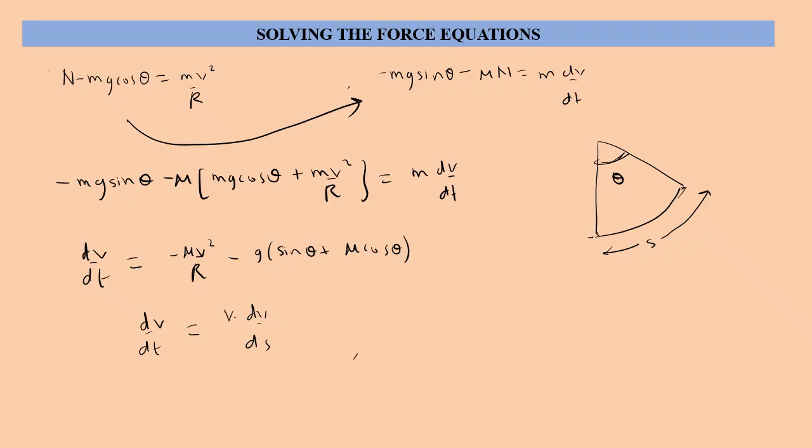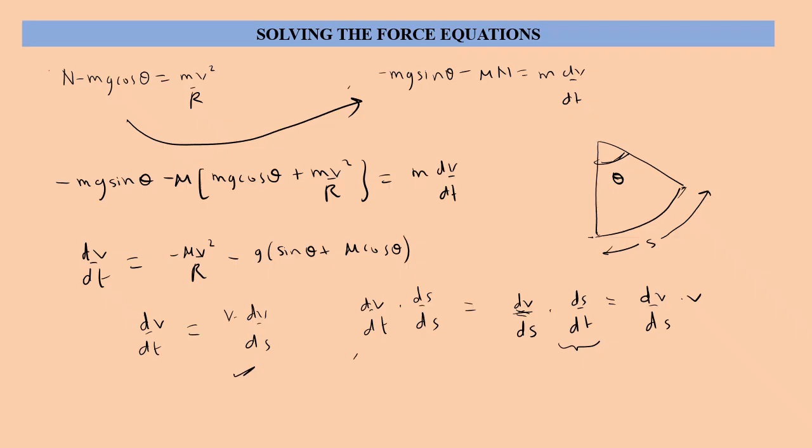So how does this expression arise? We multiply and divide dv over dt by ds so that it remains unchanged, and now we can reshuffle the two differentials in the denominator. I can bring ds here and dt here. Now ds by dt, the rate at which this distance is covered, is by definition the speed of the particle at the current moment. So we can write this as dv upon ds times v. Hence we obtain this expression.